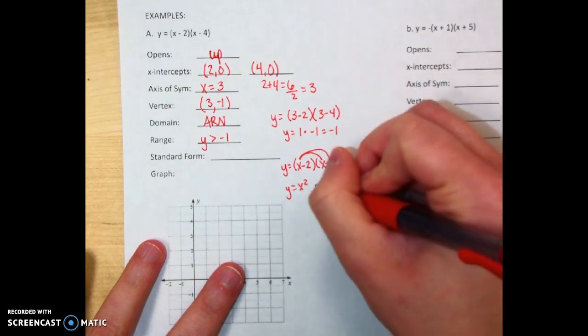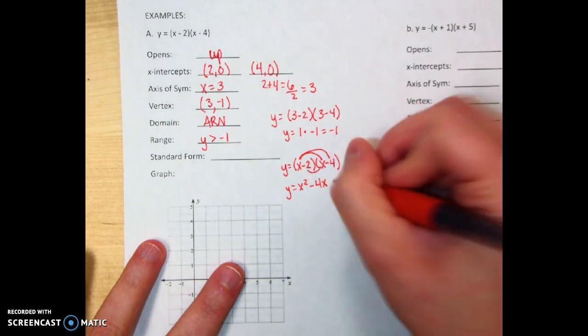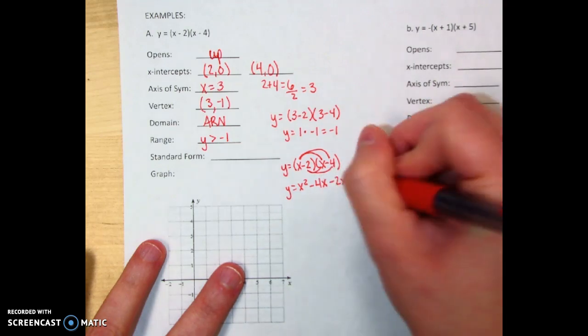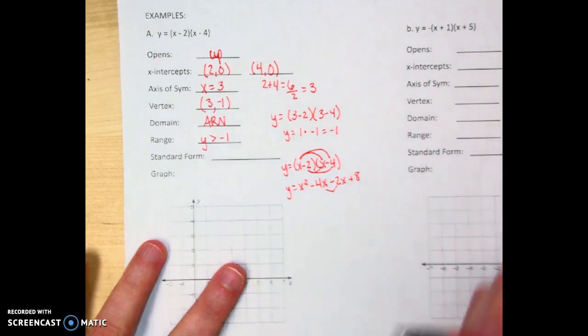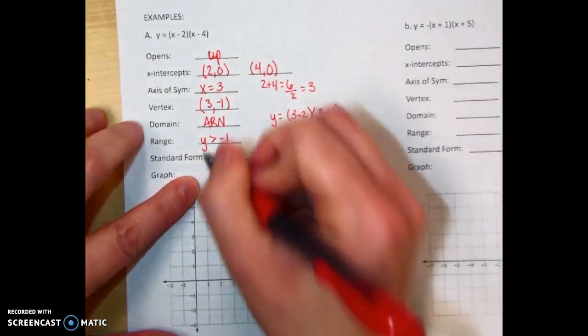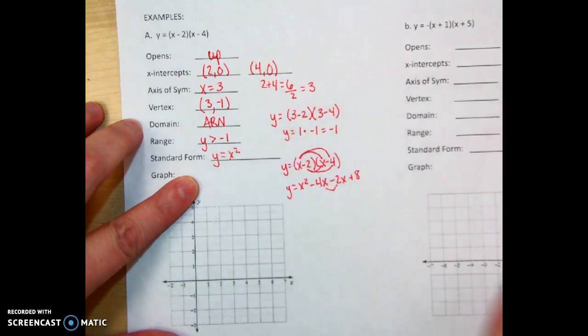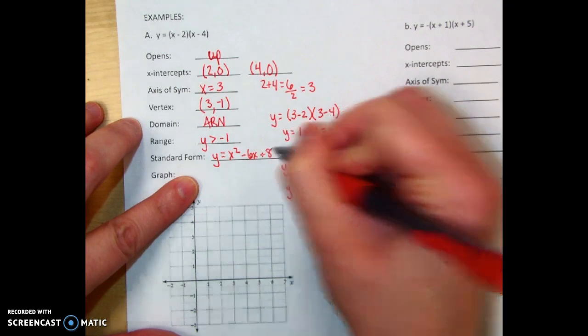X times negative 4 is negative 4x. Negative 2 times x is negative 2x, and negative 2 times negative 4 is a positive 8. So we're going to combine those two together, and I'm going to write the answer up here. So it's y equals x squared minus 6x plus 8.